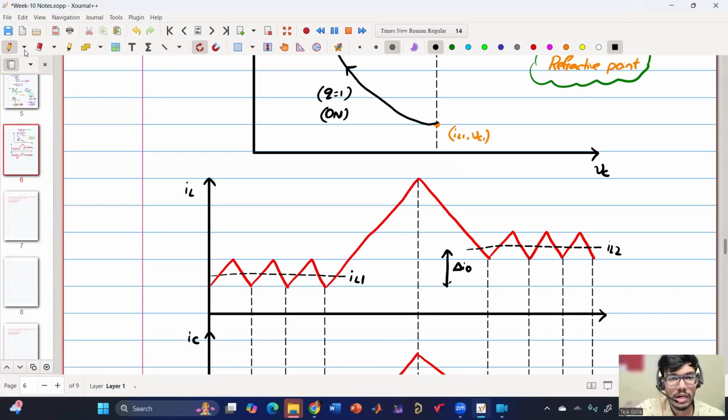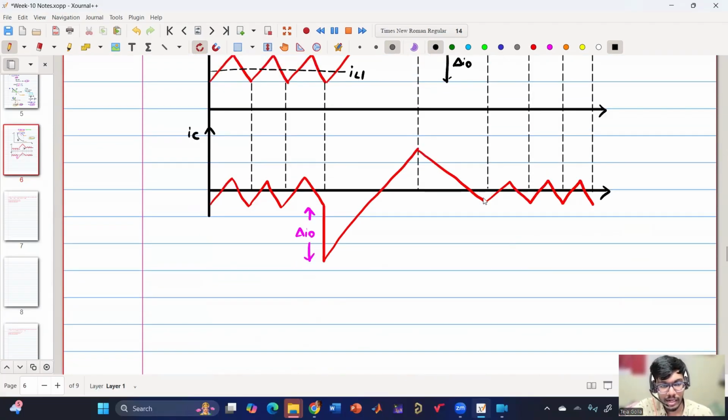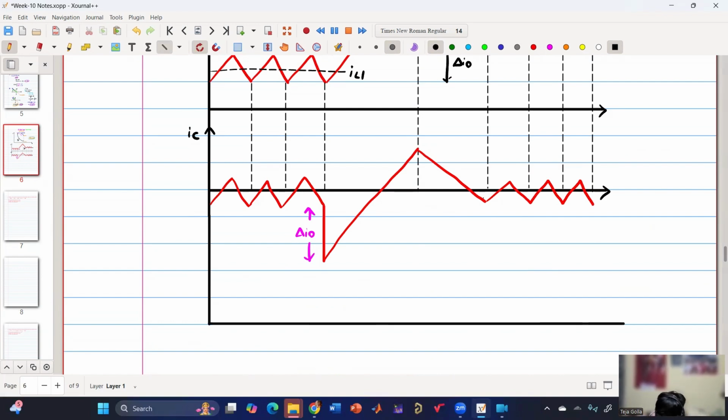So initially that delta I naught will be supplied by the capacitor, and then the capacitor will try to charge and then reach like this. If we draw the capacitor voltage as well.